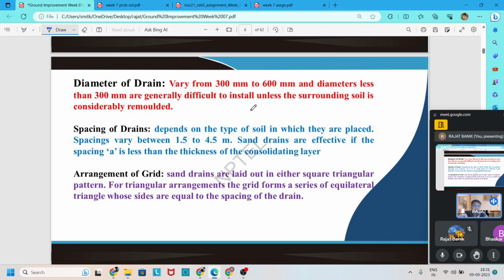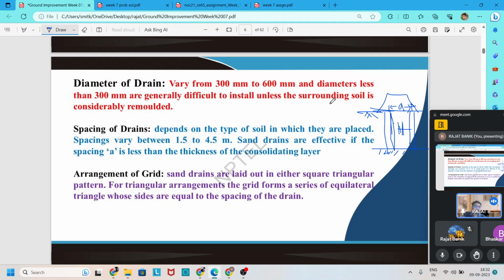And also remember that the spacing of the vertical drain should be less than the thickness of the consolidating layer, which means if we apply the pre-consolidation technique in this ground, and we need to improve some compressible layer of height, say h, that means the compressible layer thickness is h, then the spacing of these sand drains, here one sand drain, here one sand drain, the spacing of the sand drain, which is here given as a, should be less than h.